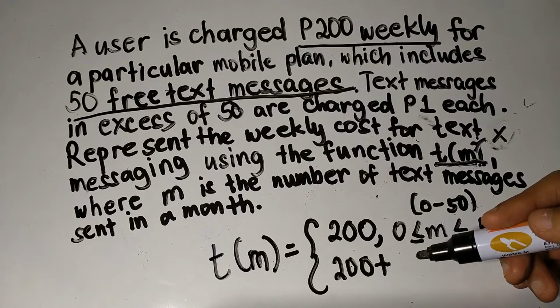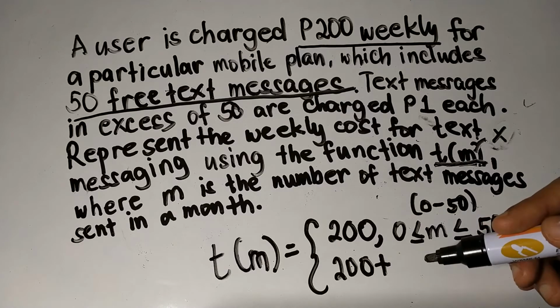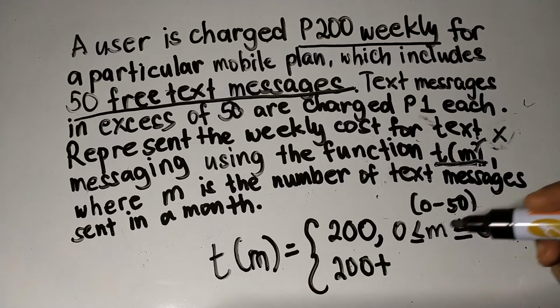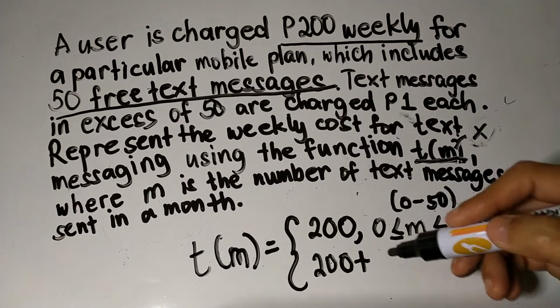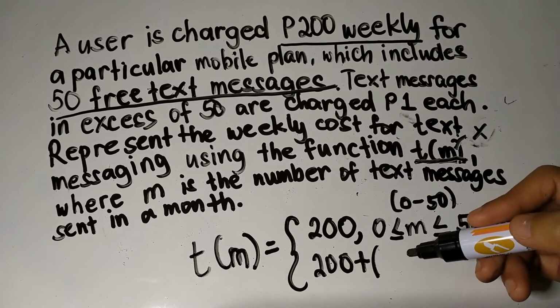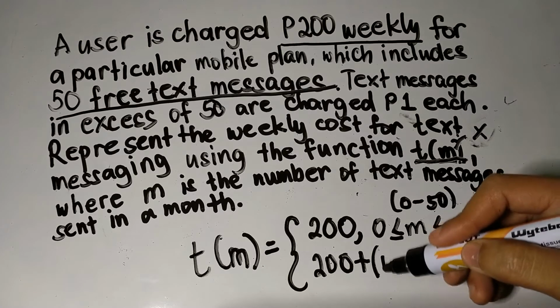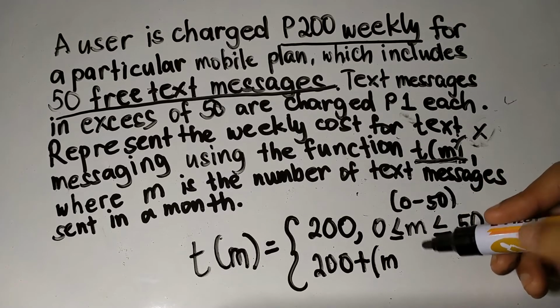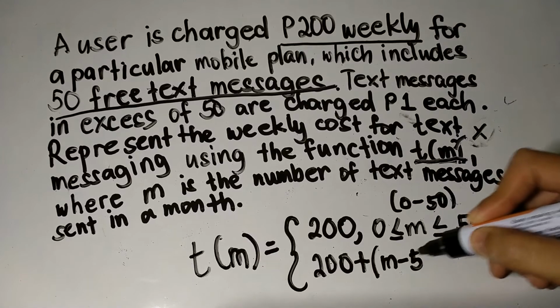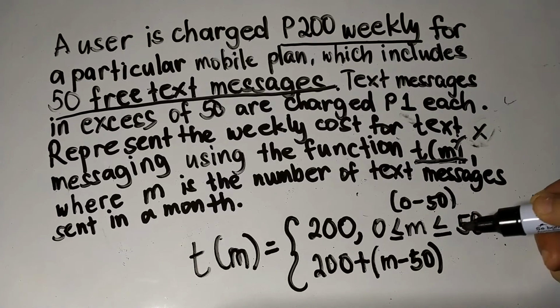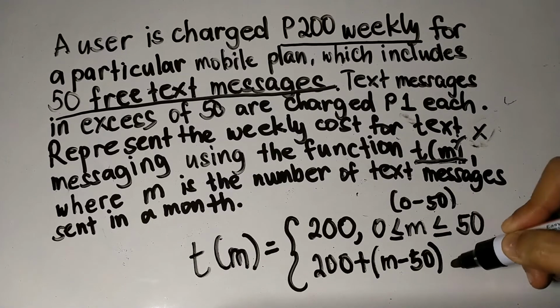Siyempre nag-exceed siya. Ibig sabihin, sumobra, lumabis sa 50. So, anong gagawin? Plus, yung text messages na labis, i-minus mo sa 50, kasi alam mo namang lumabis siya. So, M minus 50. Ano yung condition?